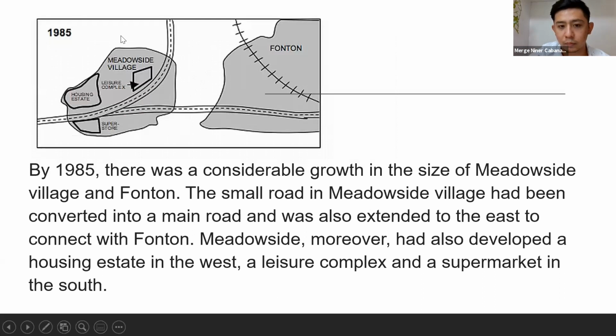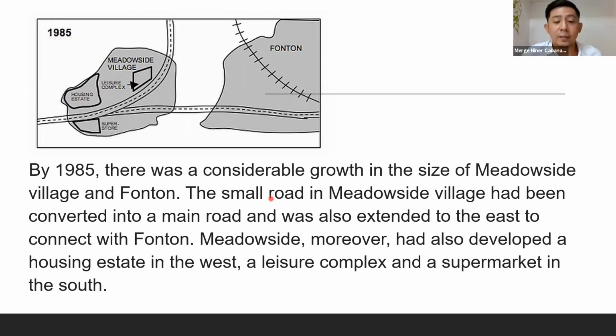All right, now, by 1985, take a look. By 1985, there was a considerable growth in the size of Meadowside Village and Fontaine. That's a very general statement at the beginning.